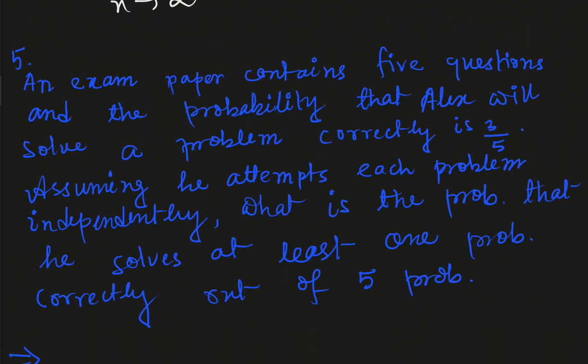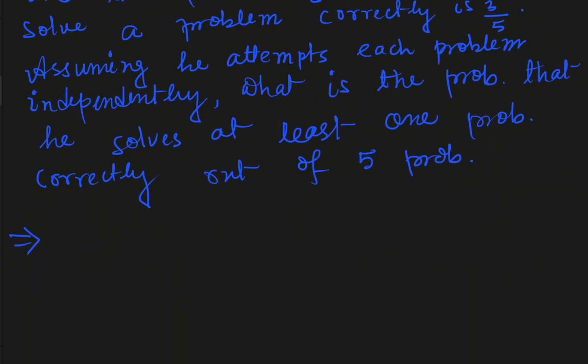So here the question is, an exam paper contains 5 questions, and the probability that Alex will solve a problem correctly is 3 by 5. Assuming that he attempts each problem independently, what is the probability that he solves at least one problem correctly?